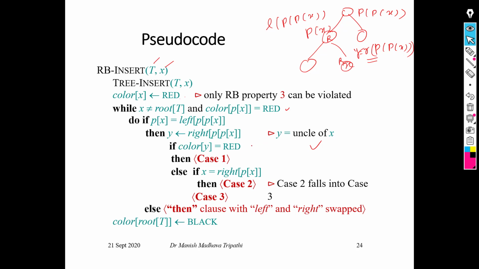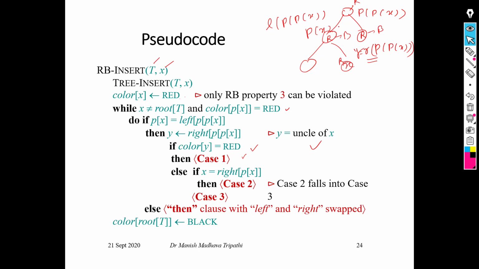Now the first case: if the color of the uncle is red, if the uncle is also red, what do we do? In that case, the insertion property says it is case 1. In case 1, we recolor the parent and uncle as black and the grandparent as red.